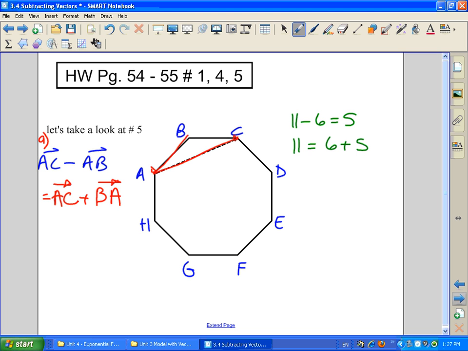What we need to figure out is the difference, AC subtract AB. How does that work? Let's look at it mathematically. Say that was 11, and we had to subtract 6, which equals 5. You could rearrange that statement so that it looks better. So we can look at AC plus BA. To complete this, we need to realize that it's going to be BC.